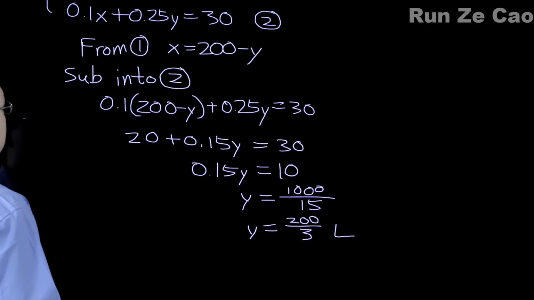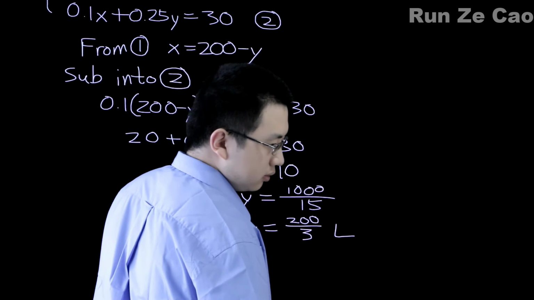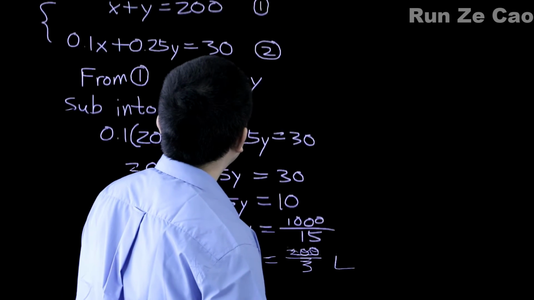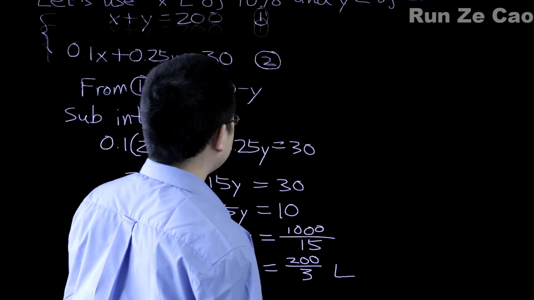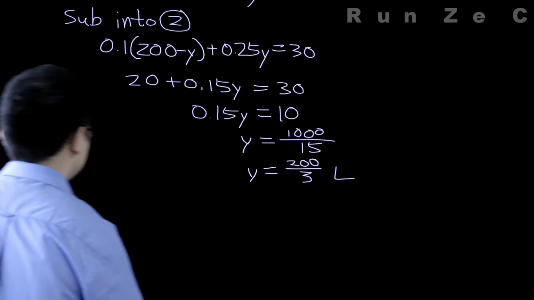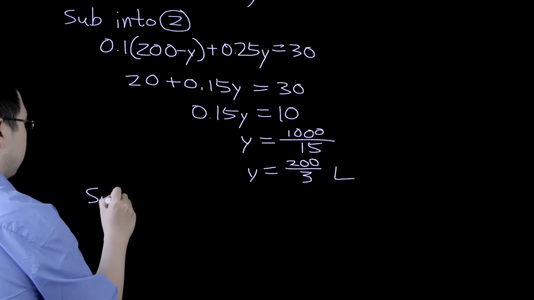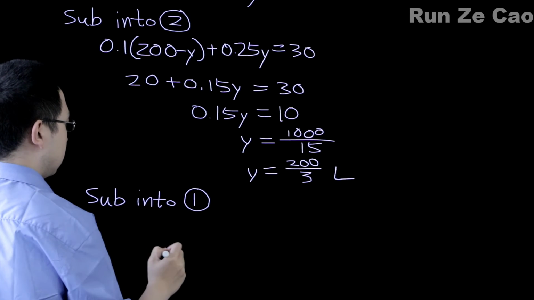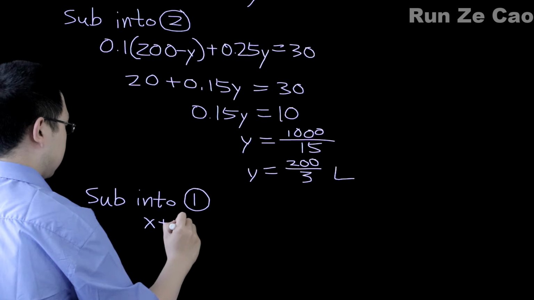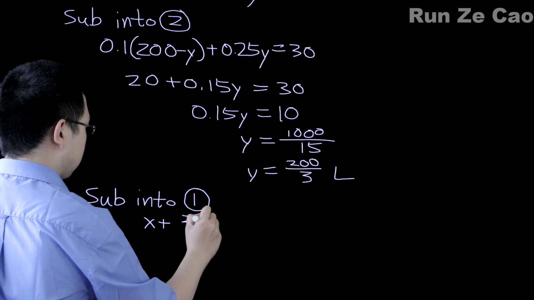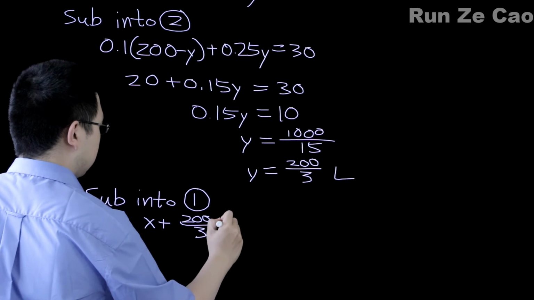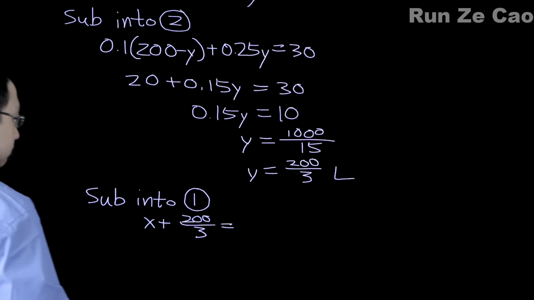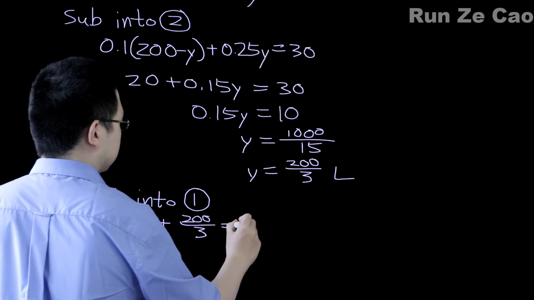And x equals 200 minus y, so let's say we substitute into 1. To 1, x plus 200 over 3 equals, well, 200.